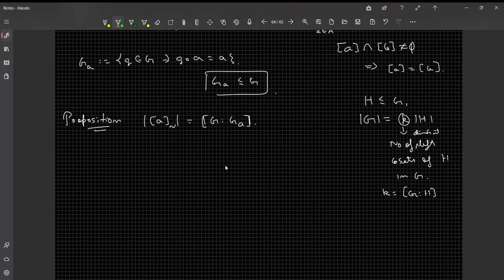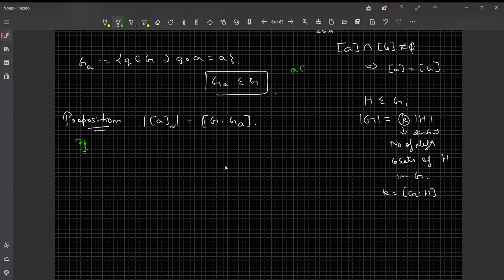Okay, let's prove this. What we do is define a bijection between the left cosets of GA in G and the elements of the equivalence class which contains A. Obviously, an equivalence class which contains A must be the same as the equivalence class of A, right?